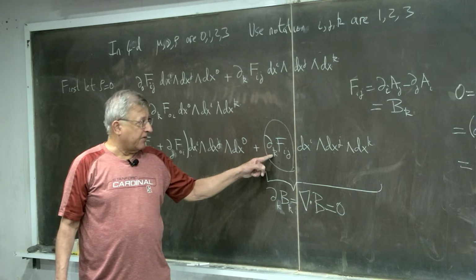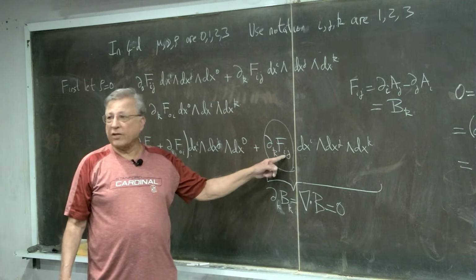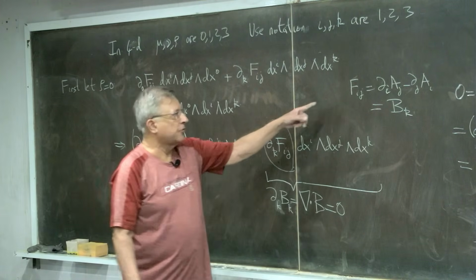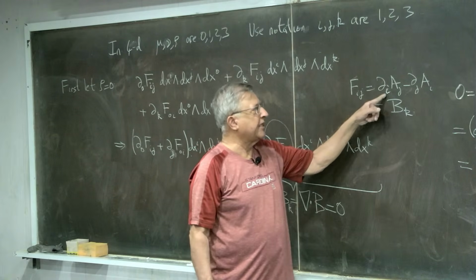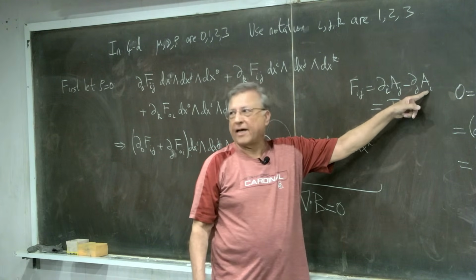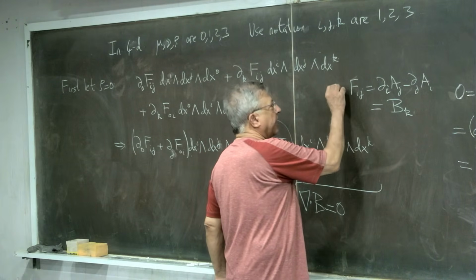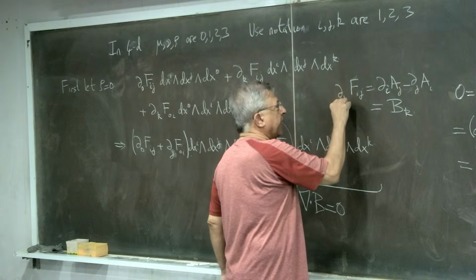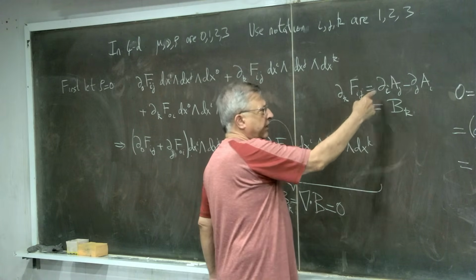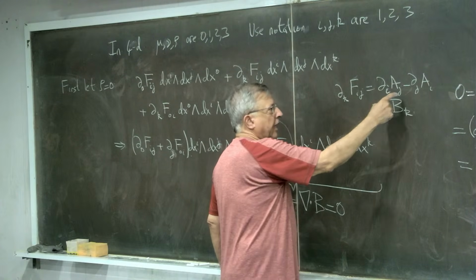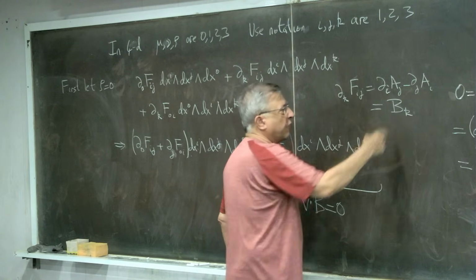Sir, I'm saying if we apply the derivative on Fij. If I apply the derivative dk on Fij, that's not 0. So Fij is di aj minus dj ai, right? When I apply dk, then I'll get dk di over here and dk dj over here.